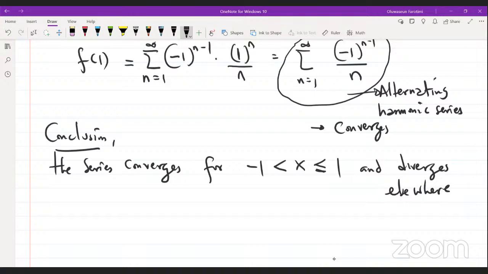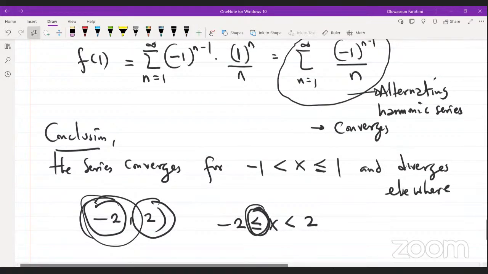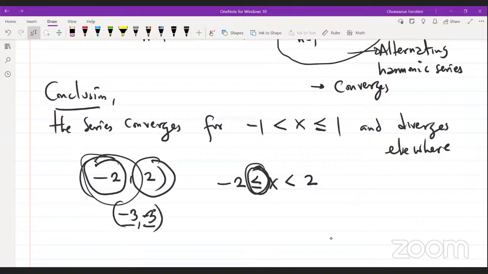Suppose I'm working with negative 2, 2. If it converges at negative 2 and it diverges at 2, that means my interval is going to be negative 2 less than or equal to x less than 2. So at any point where it converges, it must include that point. Now, what if it converges at both ends? So suppose we had negative 3, 3. If it converges at both ends, you do negative 3 less than or equal to x less than or equal to 3.